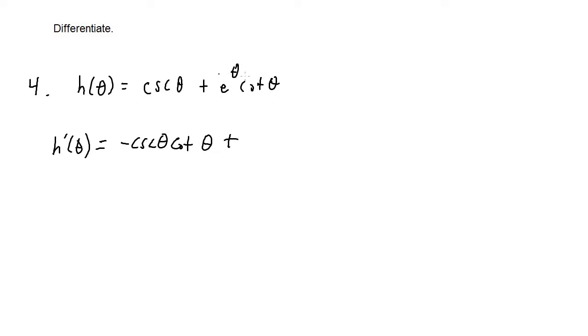Now because we do have e to the theta being multiplied by cotangent theta, we have to use the product rule. So once again, in the product rule, we're going to take the derivative of the first function, the derivative of e to the theta, just e to the theta, times the second function unchanged, so just times cotangent theta, plus the derivative of the second function, the derivative of cotangent theta is going to be negative cosecant squared of theta, times the first function unchanged, so just times e to the theta.